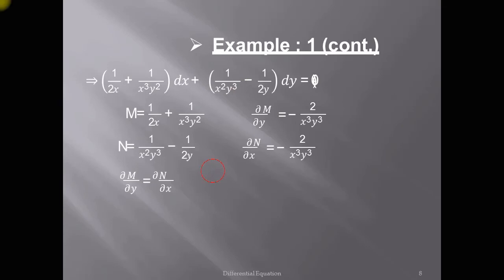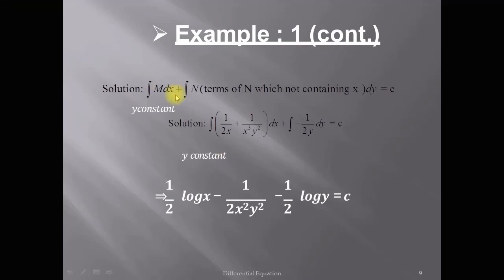So we can find its solution using the formula: the integration of the M function with respect to x, plus the integration of those terms of N not containing x, with respect to y, is equal to c.